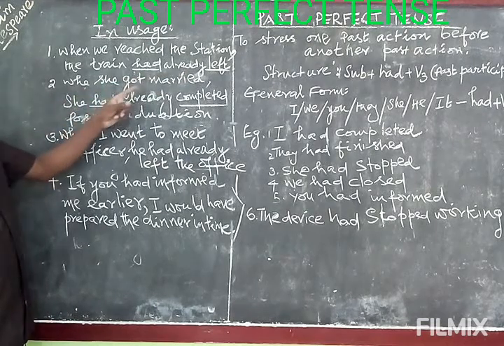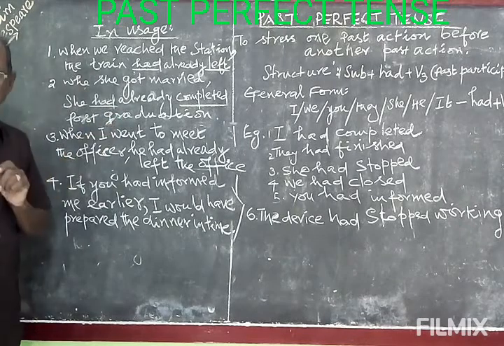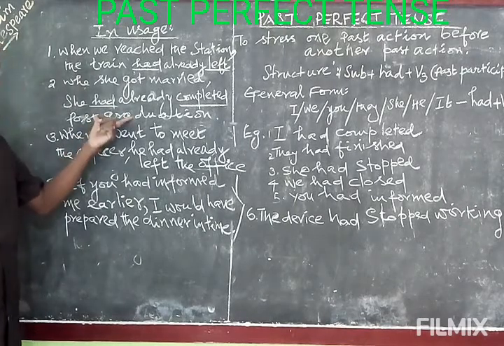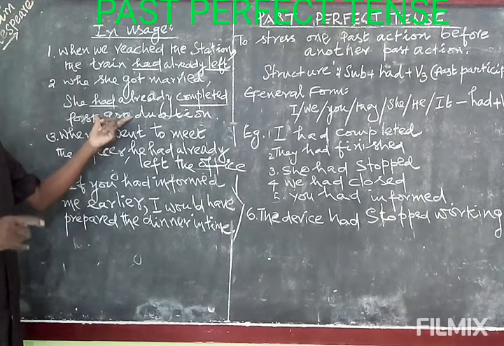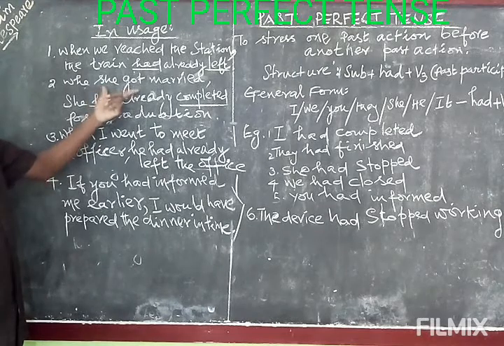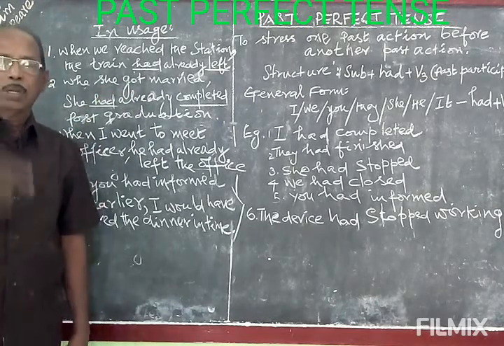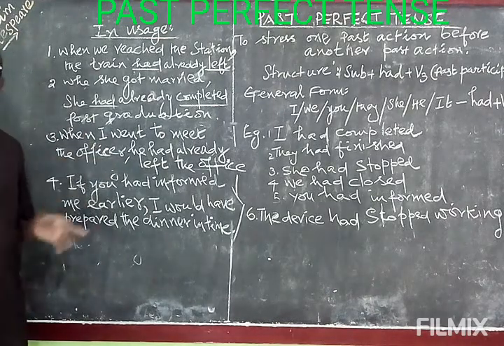When she got married, she had already completed post-graduation. So the post-graduation was the previous past, and she got married later. Suppose she got married in the year 2018, but she completed graduation in the year 2016.